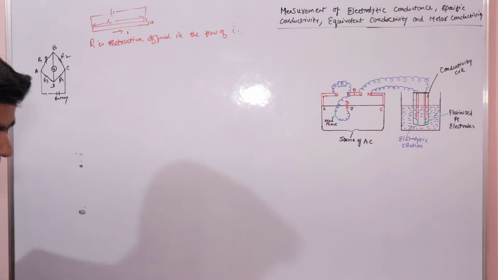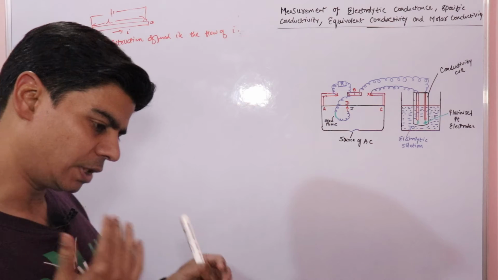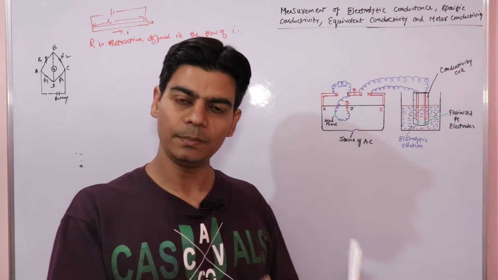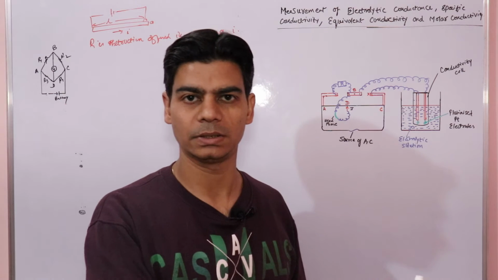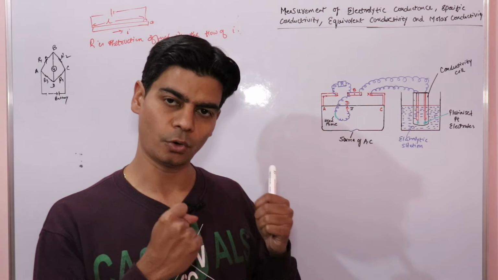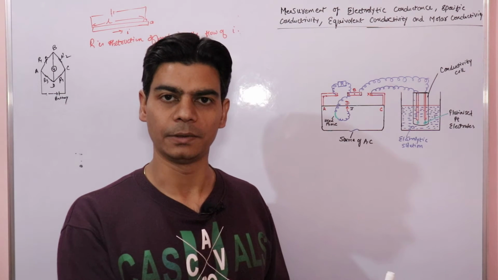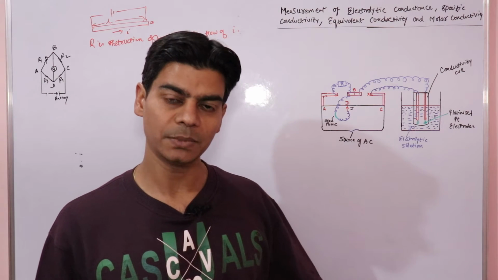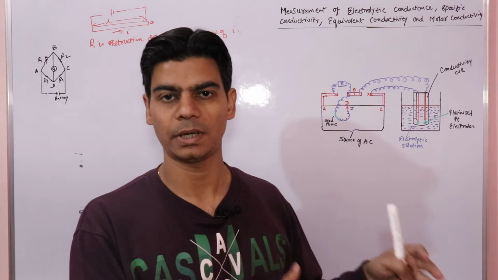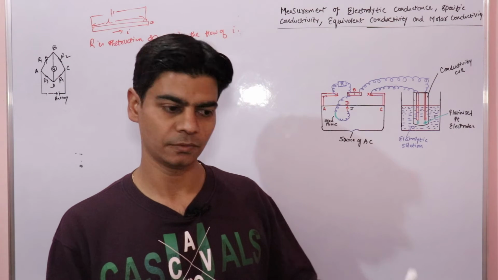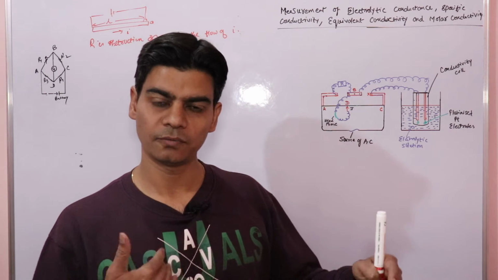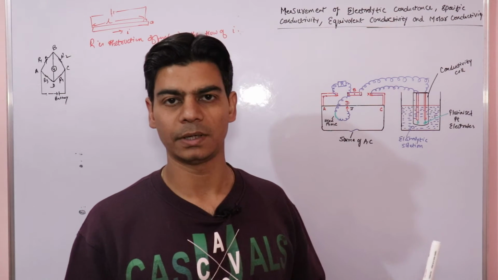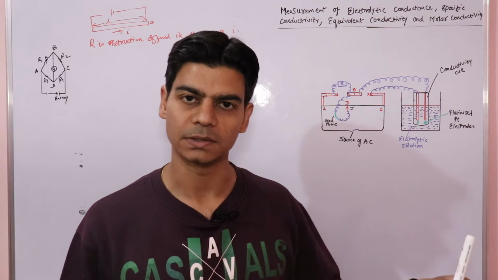Now just understand this. When we pass electric current through a metallic wire, at the same time it is also able to conduct electricity. So we have resistance, which is trying to stop the flow of current, and at the same time the wire conducts electric current, which is known as conductance.